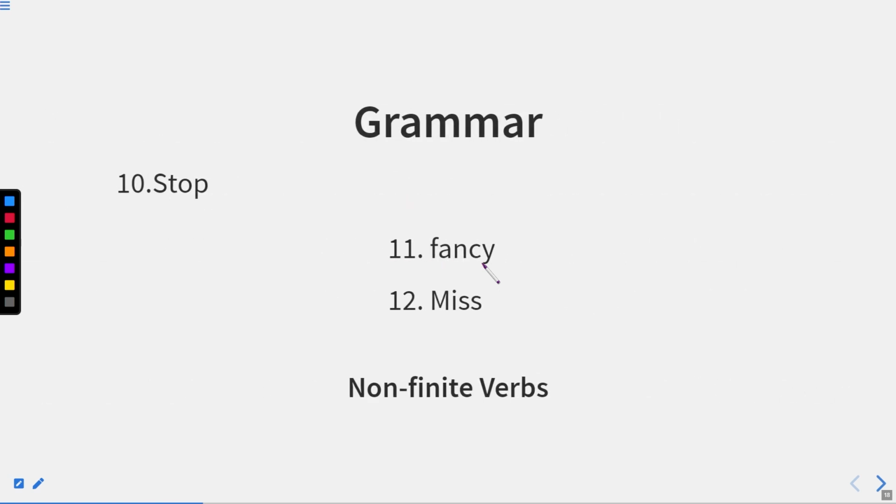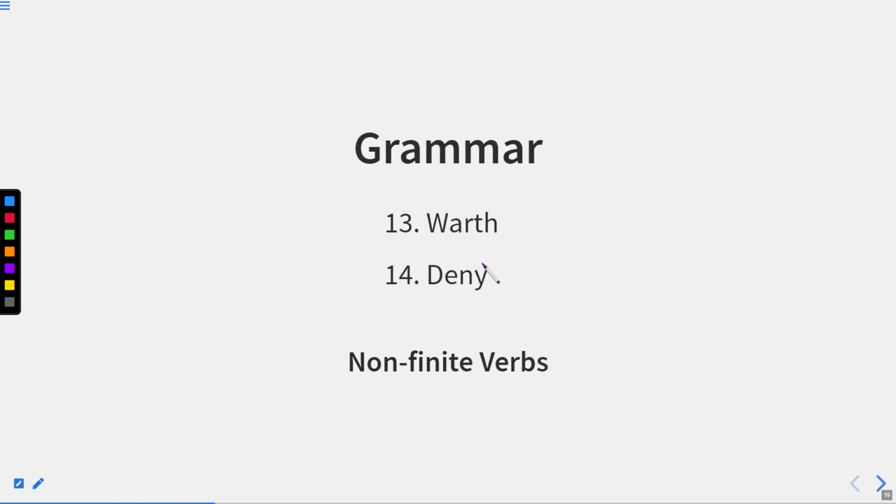Risk bearing. Stop, stop talking. Enjoy. Miss. So these are some words after which we always have verb plus ing. Worth. It is again a typing error. So this is worth. Then deny.